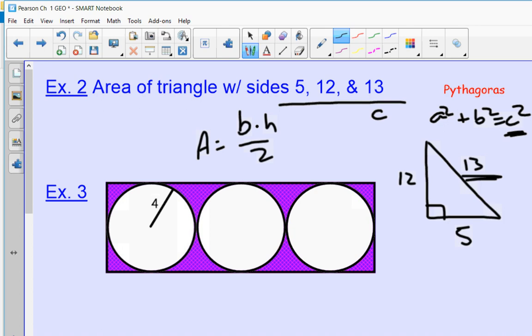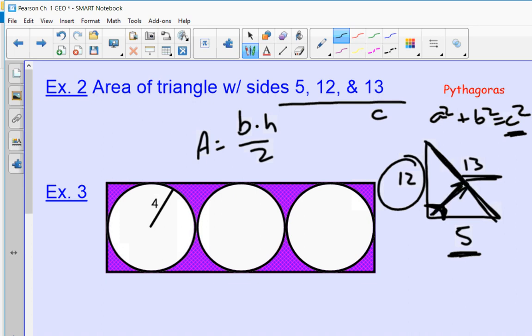Okay. So my base is what it sits on, and my height is always vertical. So it shows me here that I drew a right triangle, so that height is 12. I could have had it flipped. The base could have been 12, the height could have been 5. Doesn't matter, just as long as 13 is the biggest side and it's across from the right angle.